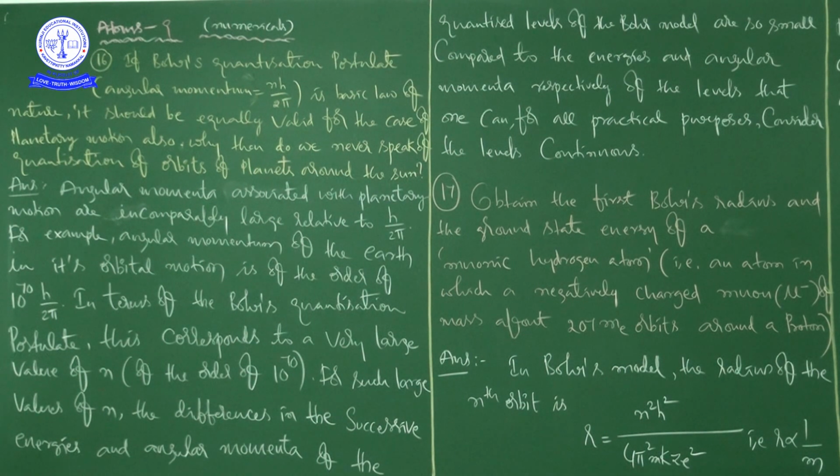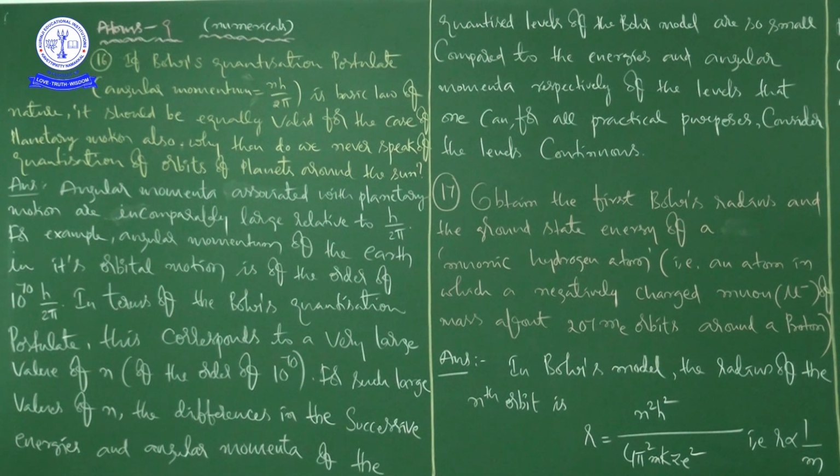And in this question, his interest is that if Bohr's quantization postulate is a basic law of nature, it should be equally valid for the case of planetary motion also. So he only concluded. He is only giving the conclusion or statement.